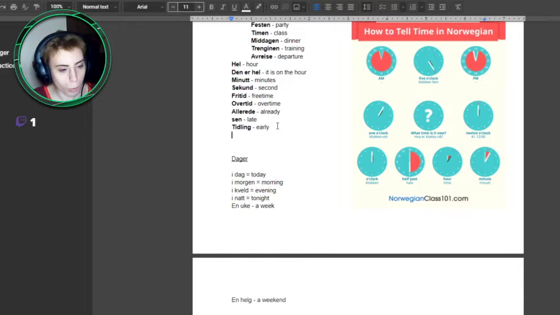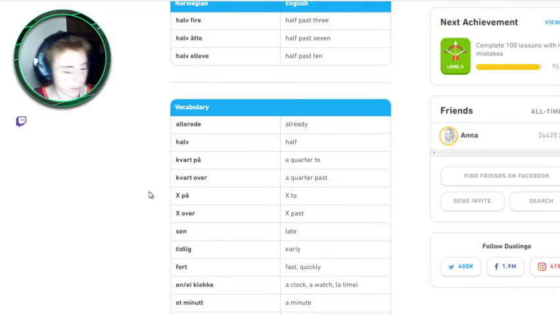Jag ligger på... Oh, I don't know the word for arrive. I was gonna say I like to arrive early. Do a tidlig, do a sen. In German, the S is often pronounced like a Z, so sometimes I might slip up and pronounce the S's like Z's, but sen, tidlig, tidlig.